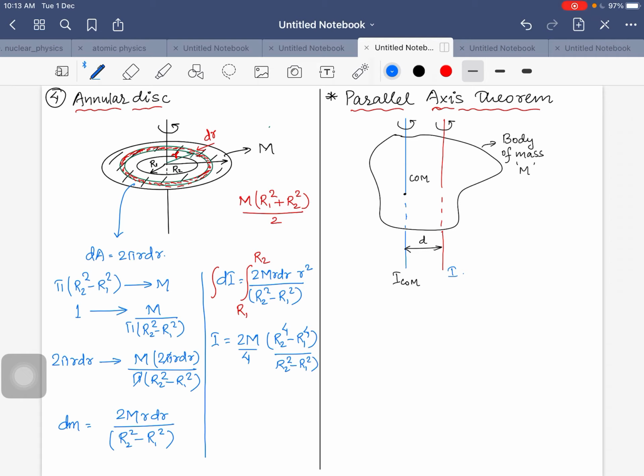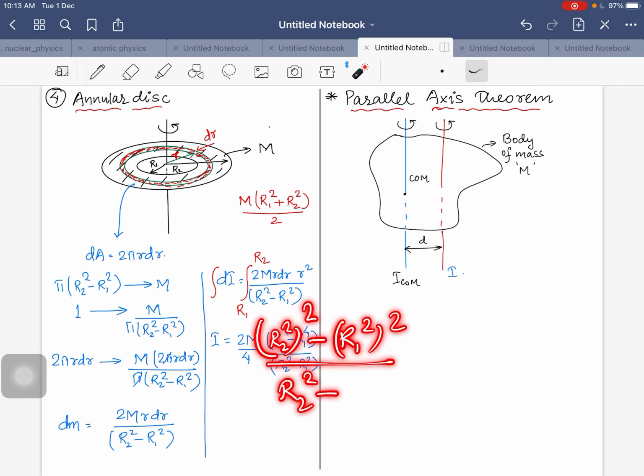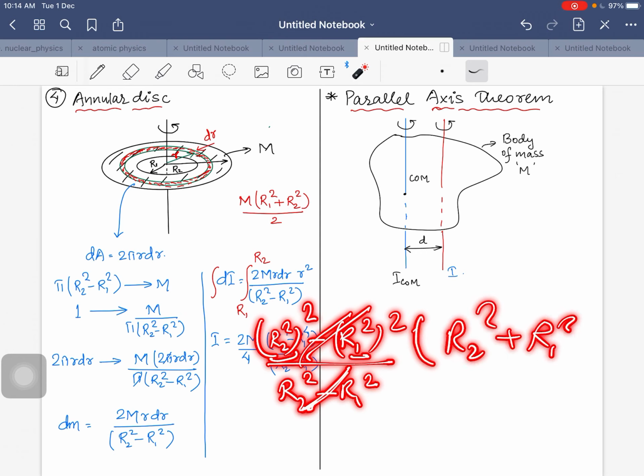Now what I should do, I will write it as R2 square whole square minus R1 square whole square, divided by R2 square minus R1 square. Now again I will write it as a square minus b square, so the a minus b term will get cancelled. You will get only R2 square plus R1 square.